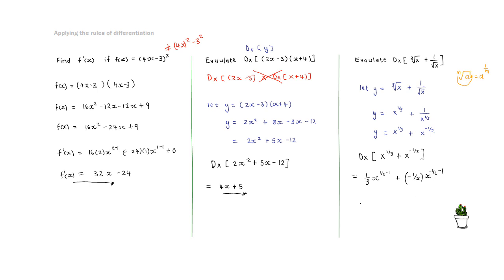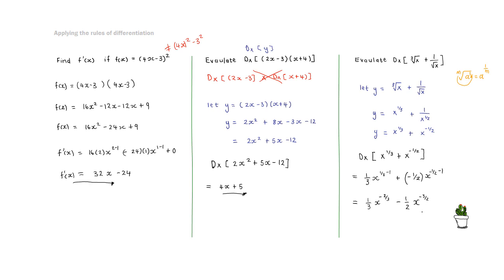Then when we simplify this, 1/3 minus 1 is minus 2 over 3. Then we have minus a half times x, with minus 1/2 minus 1 as our new exponent, which is minus 3 over 2.